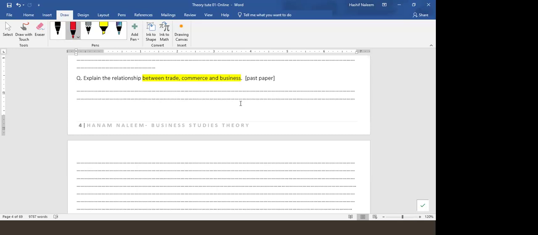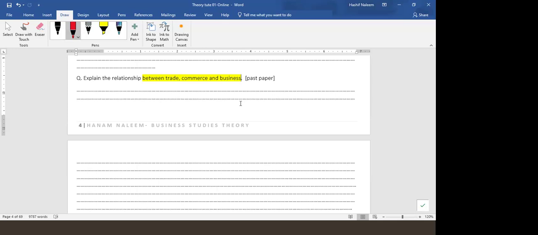Now the second thing is how commerce is connected to business. So write, commerce is the process of distributing the finished product to the final customer, and when commerce combines with industries, it is called a business.